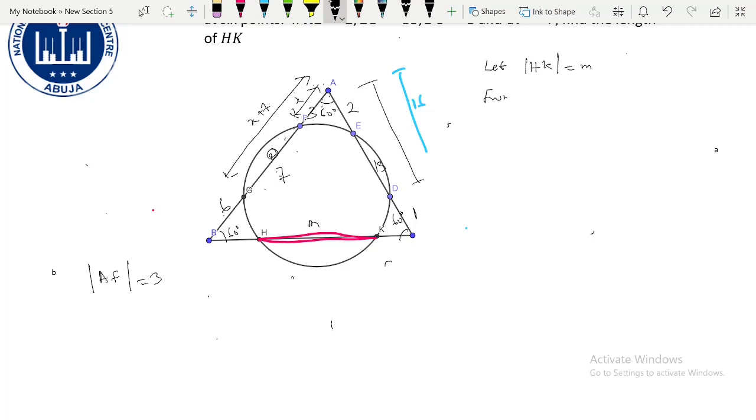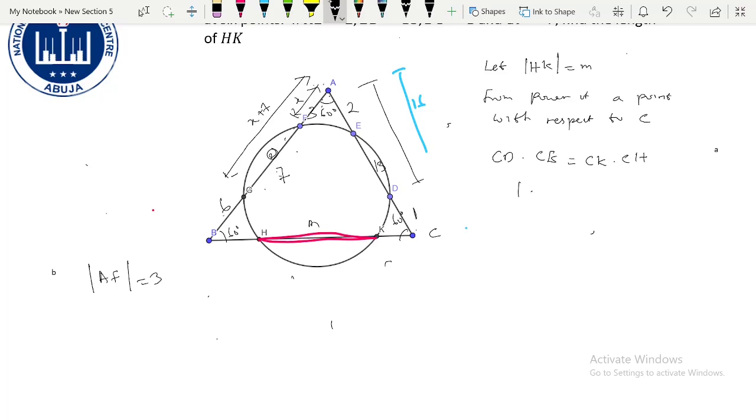Then from power of a point, this time we're going to go with respect to C. We know that CD times CE, since D and E are collinear, is CK times CH.